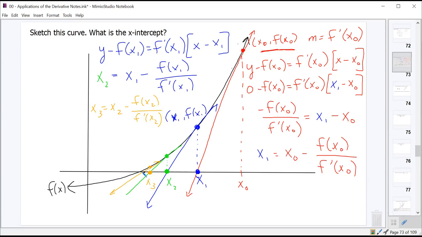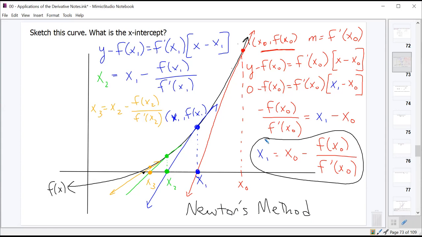This method is called Newton's method for finding roots of an equation or x-intercepts of an equation. Newton's method. And so we're going to want to use this formula that we've now seen a few times, right?